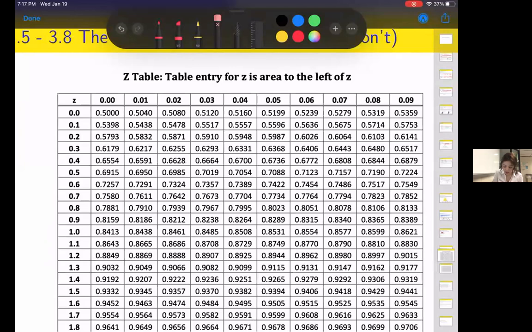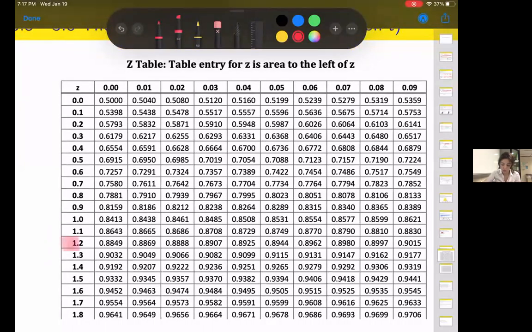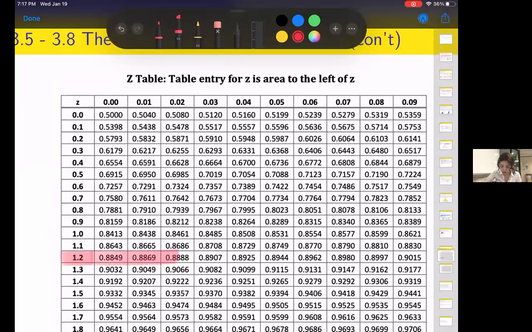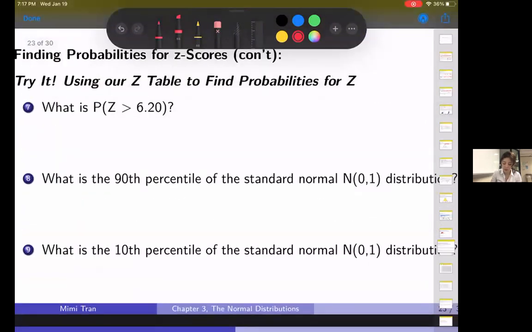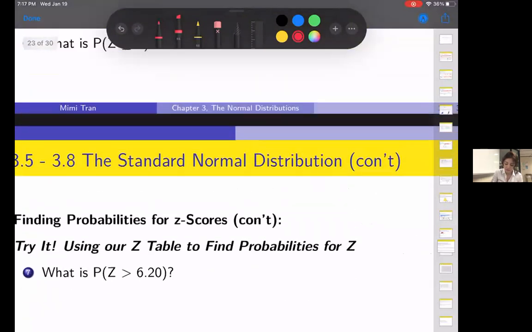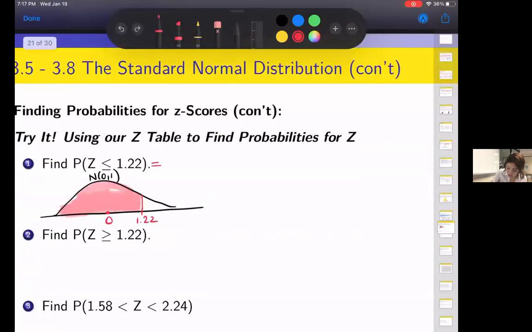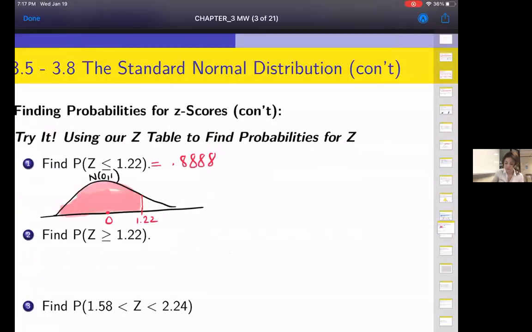The last digit, the third one, is from the column, so 0.002. 1.22 is roughly 0.8888, or 88.88%. That makes sense, right? It has to be more than 50% because it's past the 0 point, and 0 is right in the middle.